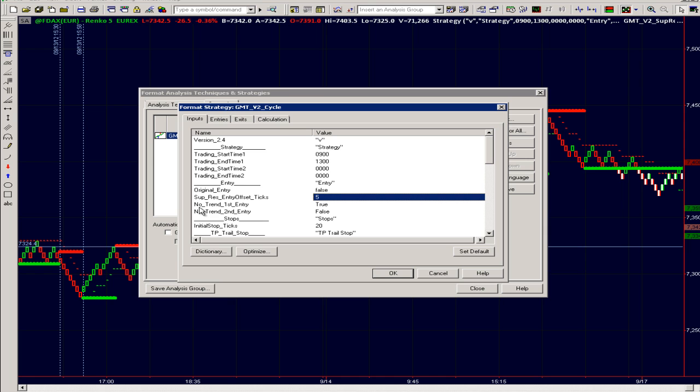It's just going to take the first entry as soon as I lose the trend. So what tells us the trend is on for the V2? Everybody should know this one.